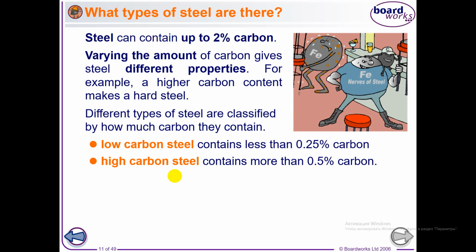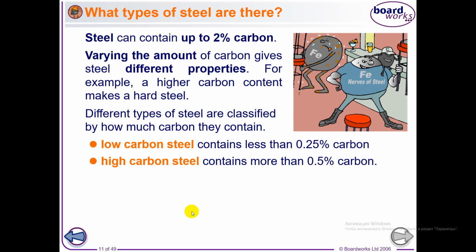High carbon steels can have yield strength up to 1,700 megapascal, tensile strength up to 1,800 megapascals, and ductilities as low as 5%.